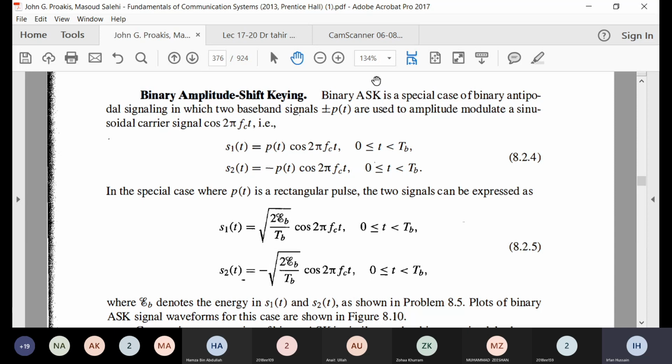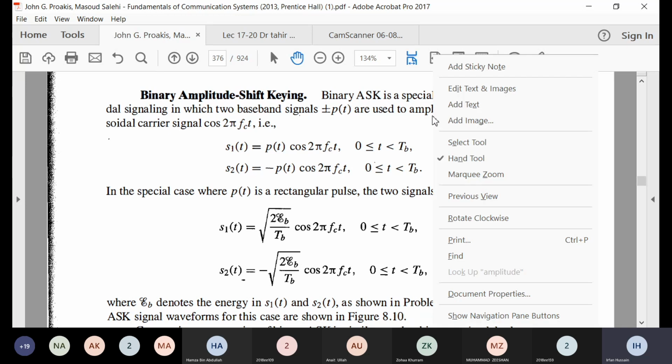So again, you have two baseband signals plus minus p(t), which again, just like antipodal signals, are being used to amplitude modulate a sinusoidal carrier.